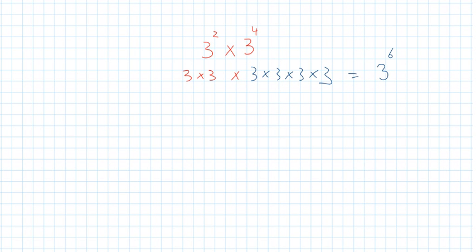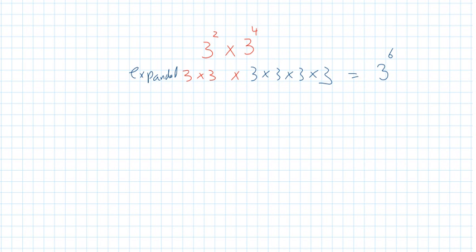We call this the expanded form, but we don't usually use this, because if it's 3 to the power of 15, are you going to write 3 times 3 15 times? No. I'm just using this to show you where they got the formula that I'm going to talk about right now. When I'm multiplying, if I add 2 and 4, what do I get? 6.